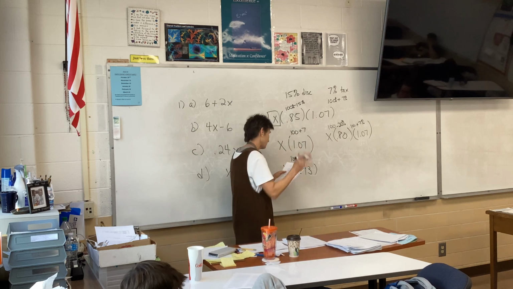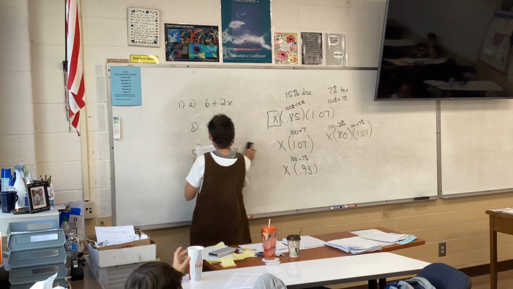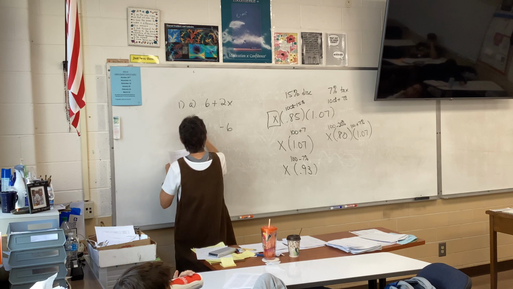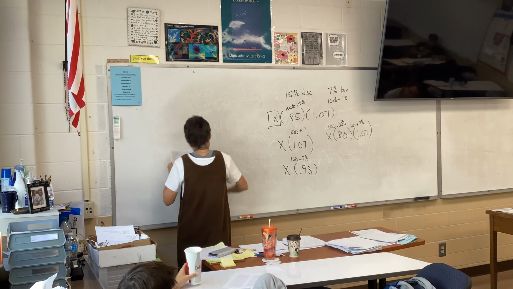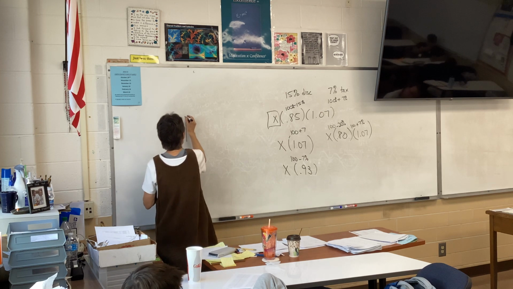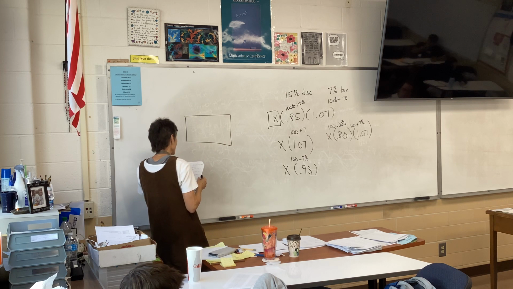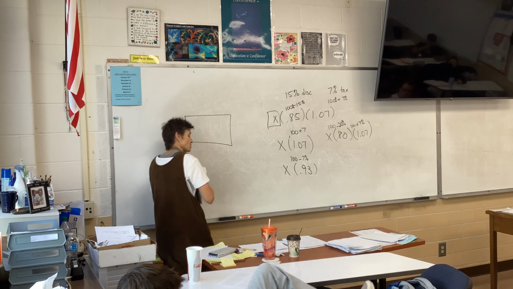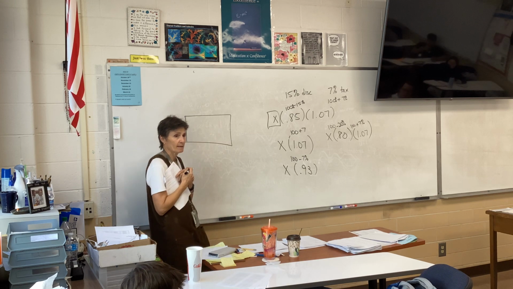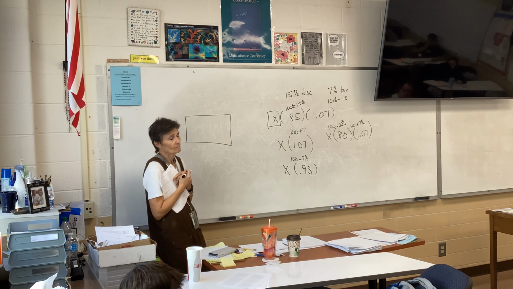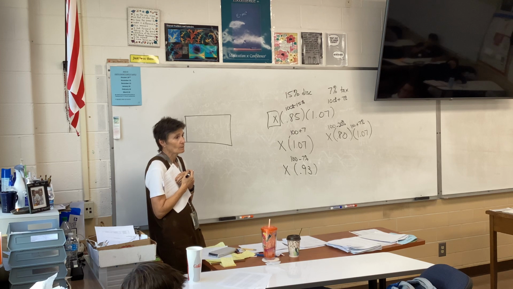F is a different kind of problem. So now we've got a rectangle. And what does it say about the rectangle? It says the width is 3 less than the length. So how do you want to set that up?